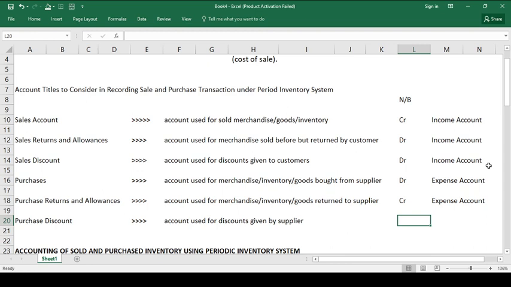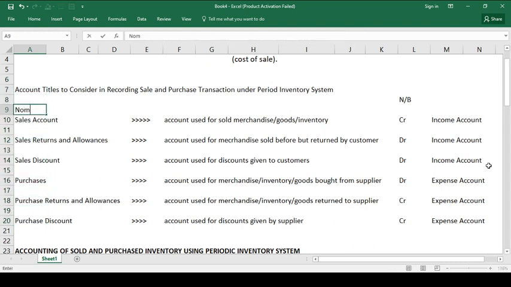This is an expense account as well. However, this is a contra expense account. That's why its normal balance is credit. And take note, itong 6 na accounts na to, which I presented to you, are considered nominal accounts.